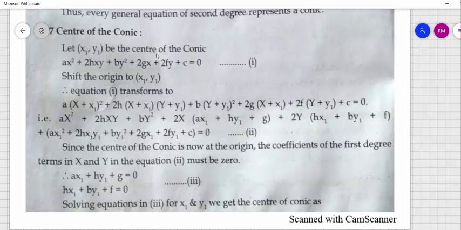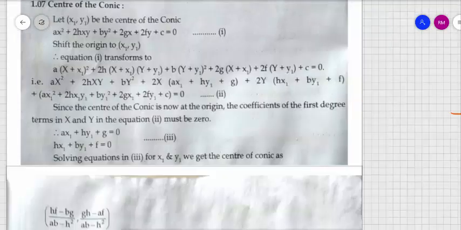Let x1 y1 be the center of the conic of this equation 1. Shift the origin to x1 y1. Now we discuss center of the conic.